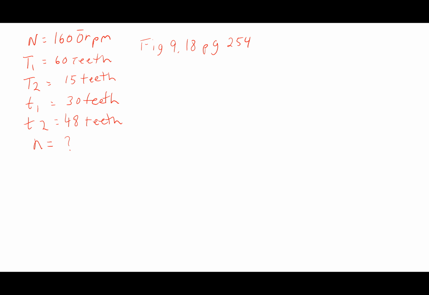So our basic equation for multiple gears is big N times T1 times T2 equals little n times little t1 times little t2. Now we need to solve for little n, so we're going to divide both sides by little t1, little t2, so those will cancel. So now we have little n equals capital N times big T1, T2, divided by little t1, little t2.